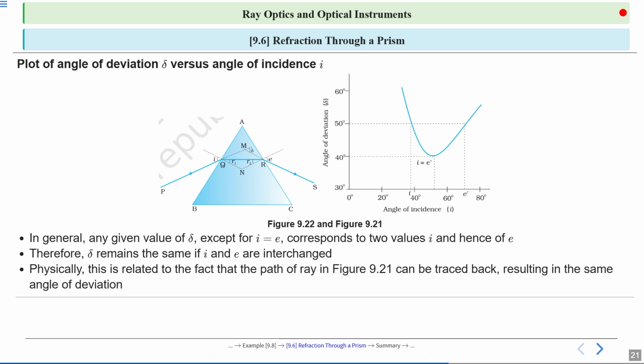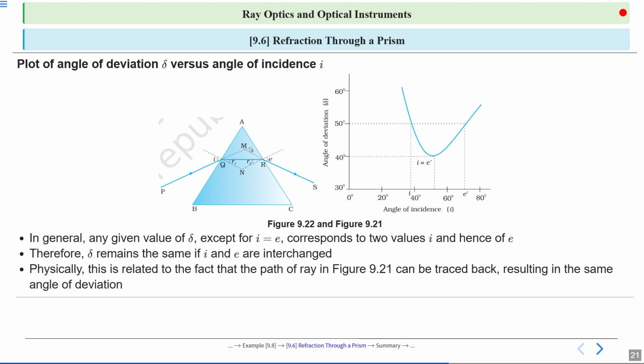Okay, so you can see in the plot that the angle of incidence is equal to the angle of emergence at the minimum deviation condition. In the plot, where the angle of deviation is minimum, the angle of incidence is equal to the angle of emergence.